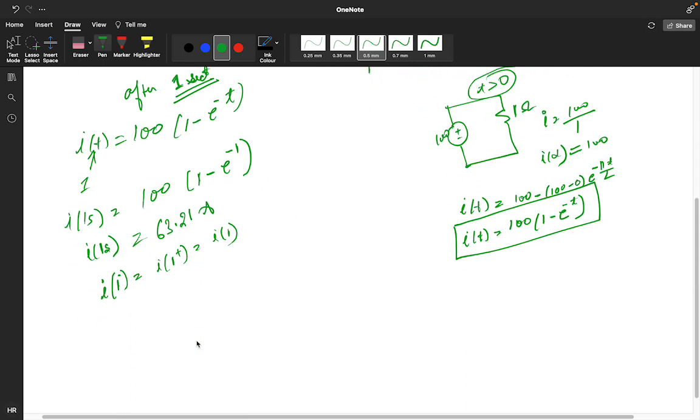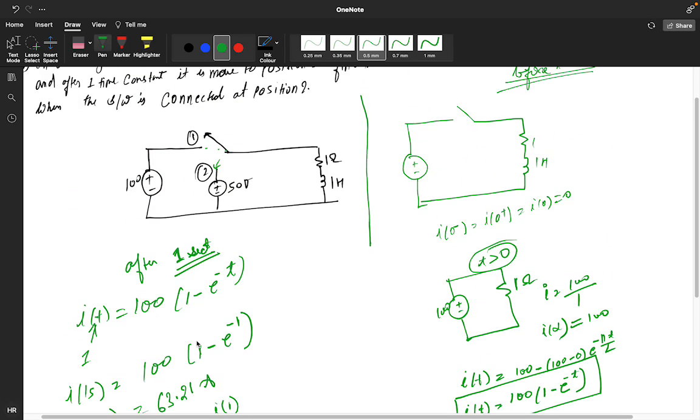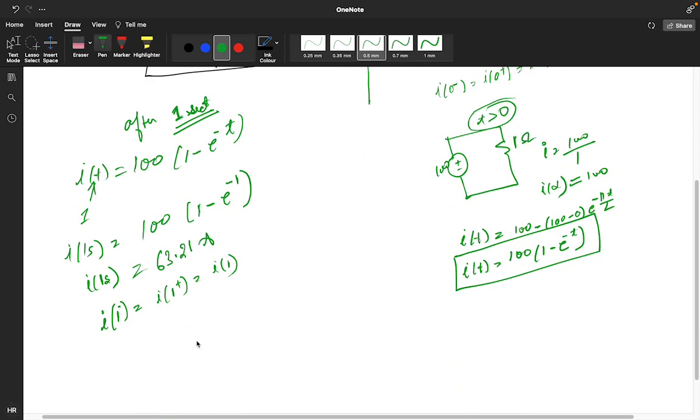Now you are getting a new circuit that is connected to a 50 volt supply, and you have a resistor that is 1 ohm only, and an inductor that is 1 Henry only. So I of infinite for this circuit will be how much? The inductor will become a short circuit. You will get 50.